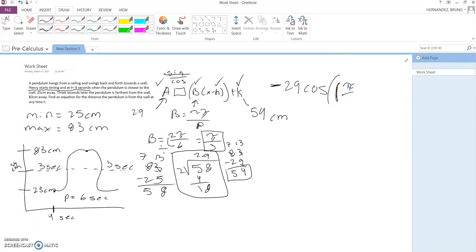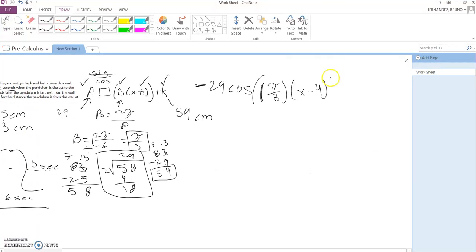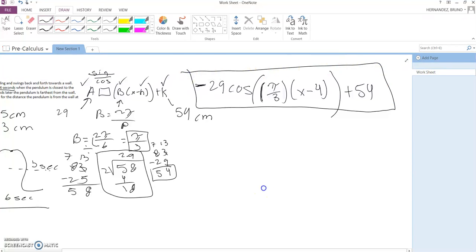So it'd be pi over 3, parentheses again, x minus 4, parentheses to close that up, plus 54. Now this is my equation for this problem.